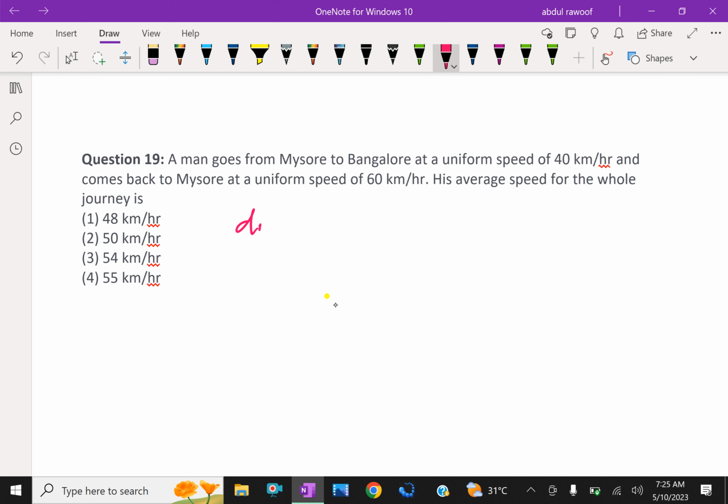Let the distance between Mysore and Bangalore be x kilometer. Then time t1, Mysore to Bangalore, is x by 40 hours, and t2, Bangalore to Mysore, is x by 60 hours.